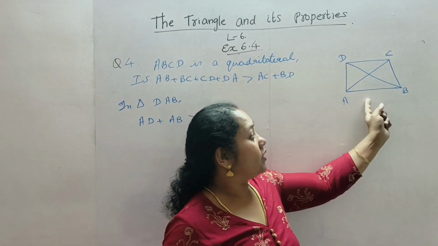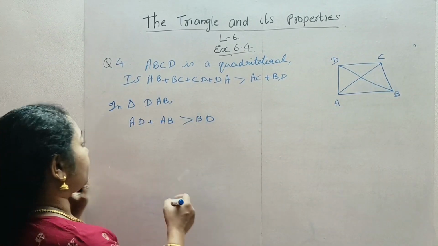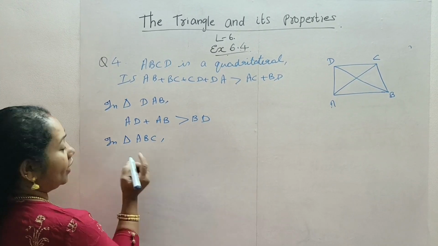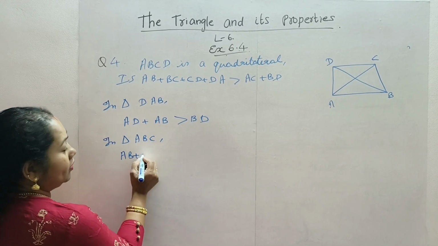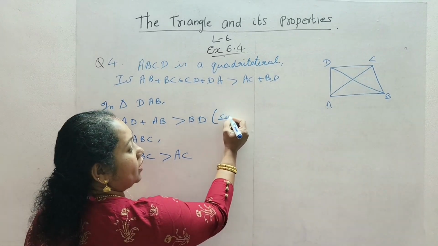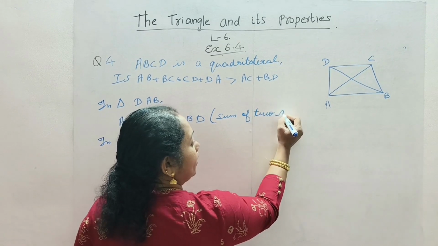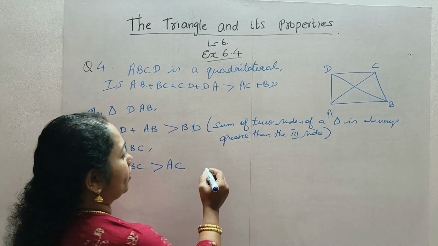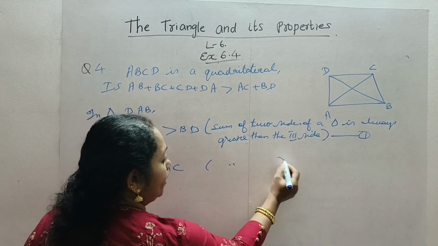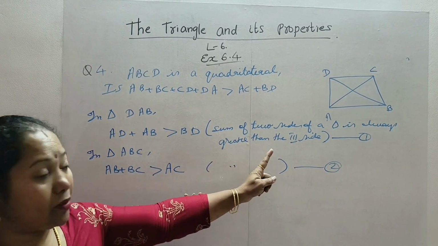And the second one with the same common base, in triangle ABC, AB plus BC is greater than AC. We put the reason as: sum of two sides of a triangle is always greater than the third side. So this is equation 1, and this is equation 2, with the same reason.